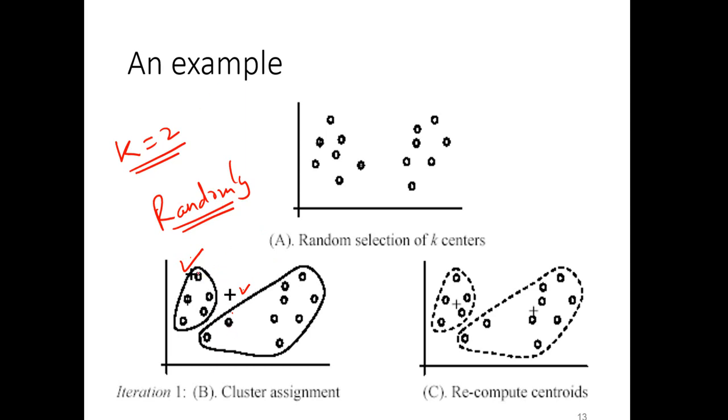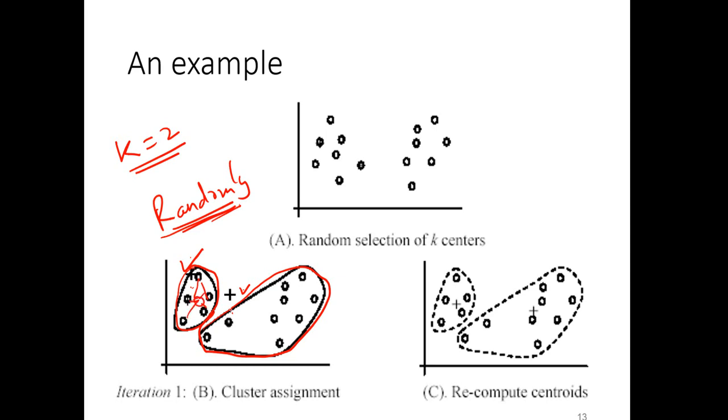Now it calculates the distance and finds that these data points are in this cluster where the centroid is this one, and these are the data points which should be in the other cluster. Now you recompute the centroid. That means now you don't have to do it randomly. The first time the algorithm did it randomly, but the second time it has to calculate the centroid by taking the distance of each point, and the centroid is nothing but the central point of a cluster, right?